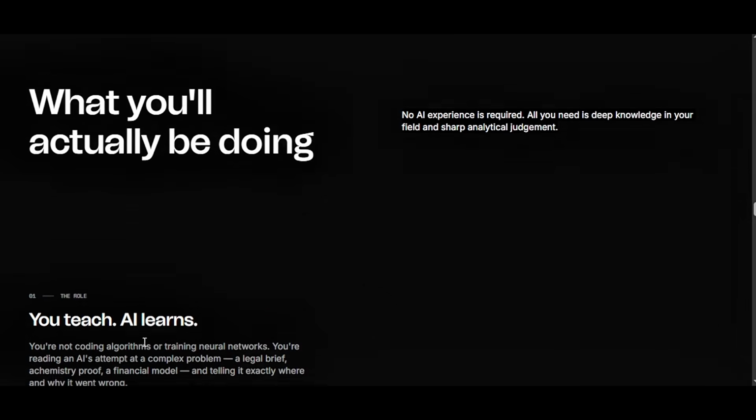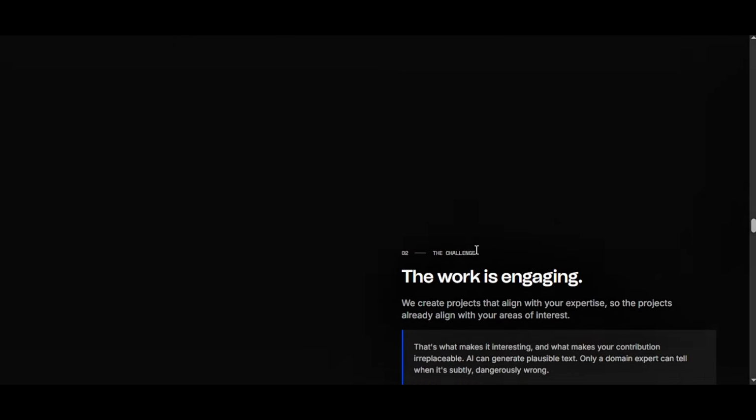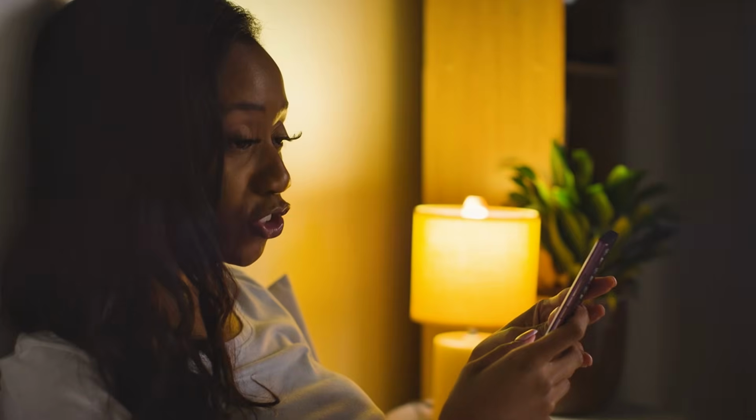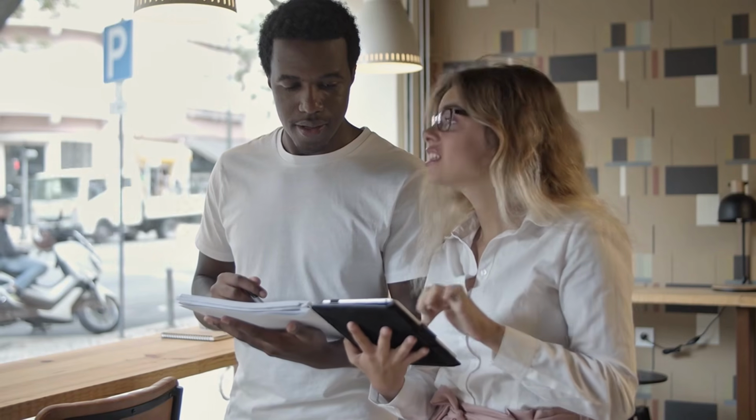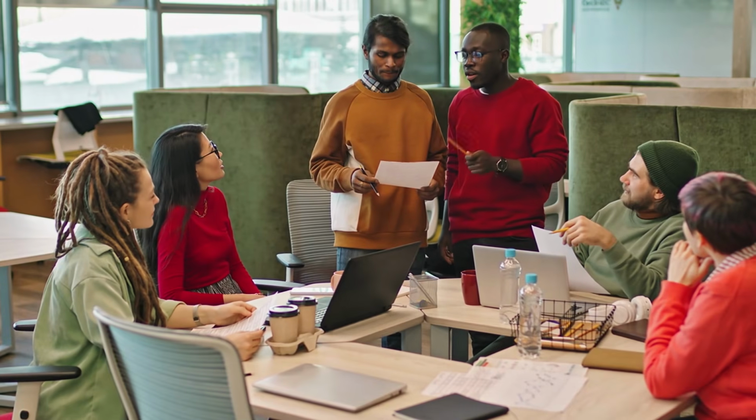One major reason people find AI evaluation interesting is that some projects focus more on analytical thinking than technical programming. Helpful skills may include strong reading comprehension, attention to detail, critical thinking, research ability, written communication, problem solving, following instructions carefully, and the ability to evaluate information objectively. Different projects may require different skill sets, so requirements can vary.